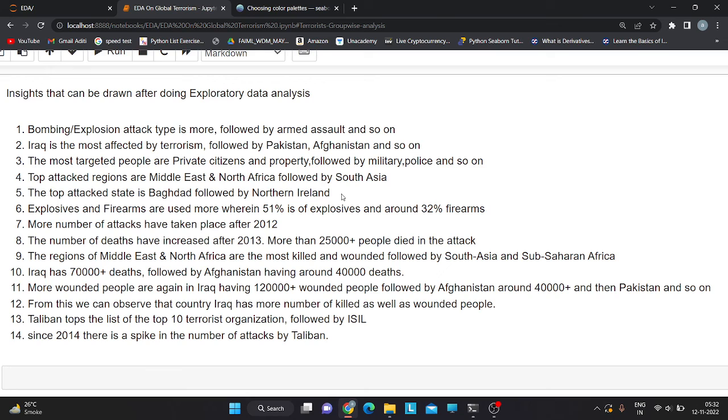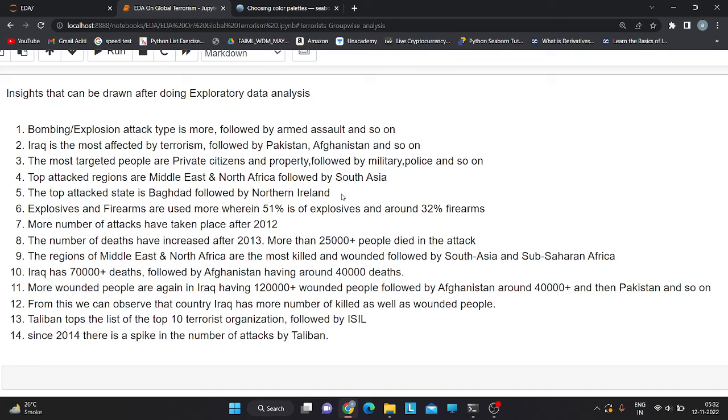The number of deaths have increased in 2013. More than 25,000 people have died in the attacks. The regions of Middle East and North Africa are the most killed and wounded, followed by South Asia and Sub-Saharan Africa. Then again Iraq has a major issue with terrorism.